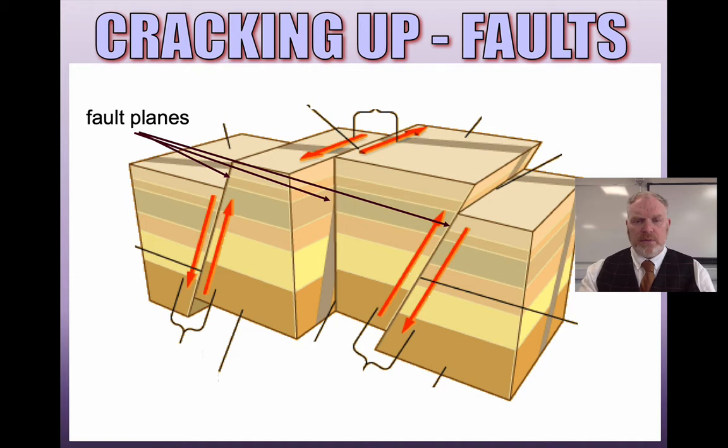The second term I want to talk about is what geologists call dip. We're going to talk about dip in more detail later on in this topic. But when we talk about dip, what we're talking about is the inclination of a surface, so the angle a surface is relative to horizontal. For example, the fault plane in the middle there has a dip of 90 degrees.